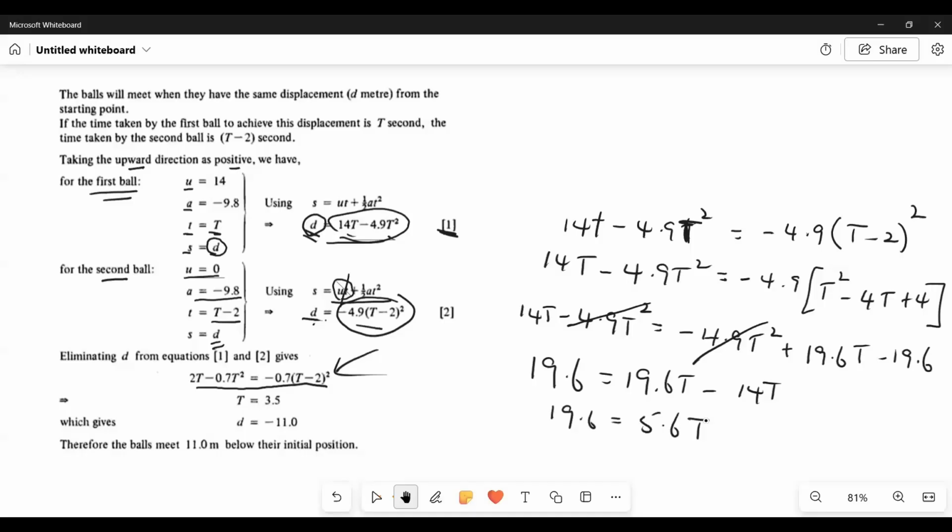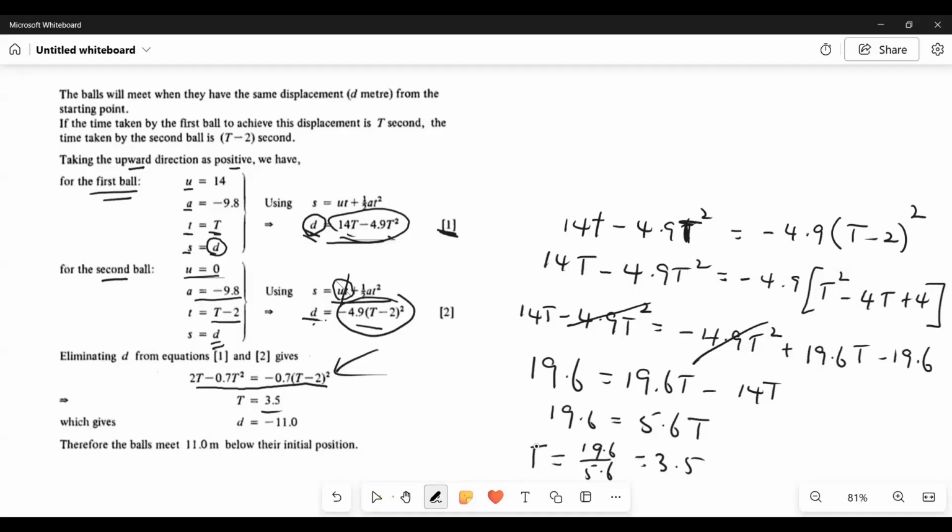So 5.6t. t is equal to 19.6 over 5.6. How much is that? 3.5. Is that it? Right? Yes, sir. That's it.